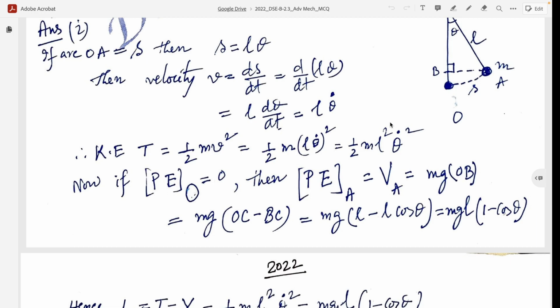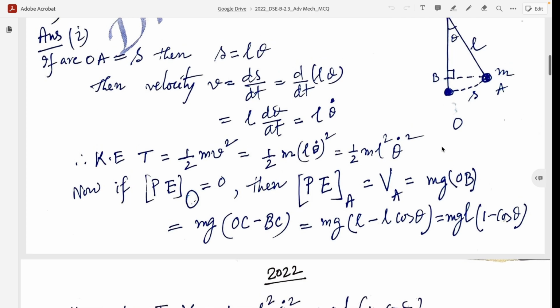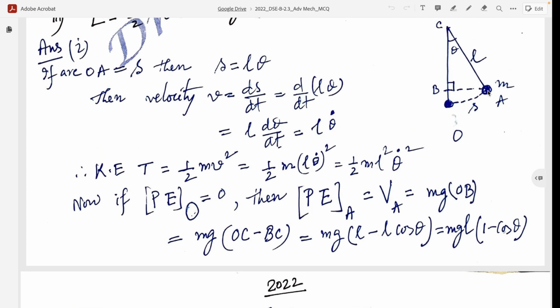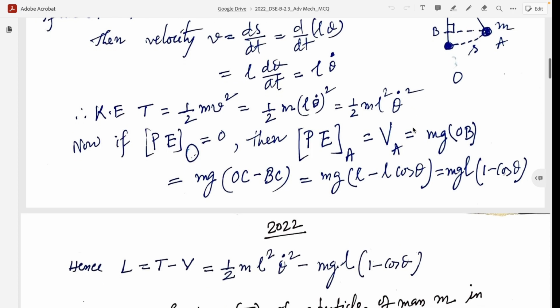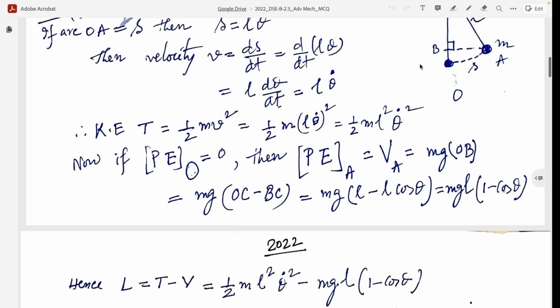The potential energy at the point O equals 0. Then the potential energy at the point A is V_A equal to m g into the height OB, the vertical height of position A from O. So m g into (OC minus BC).